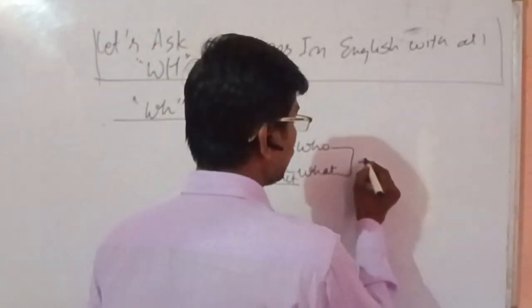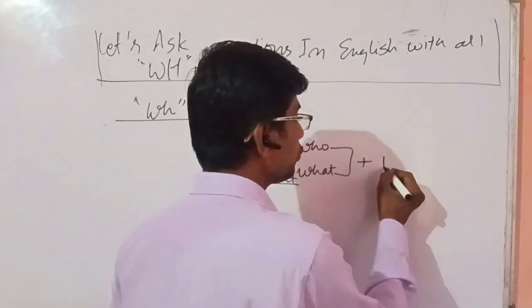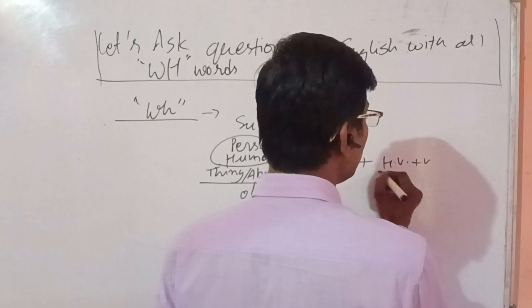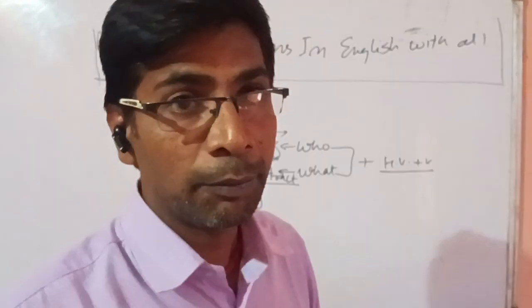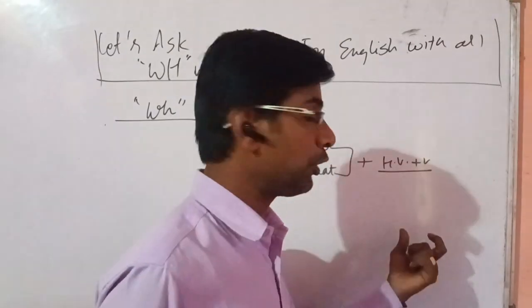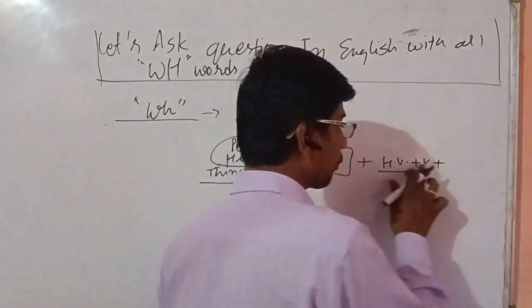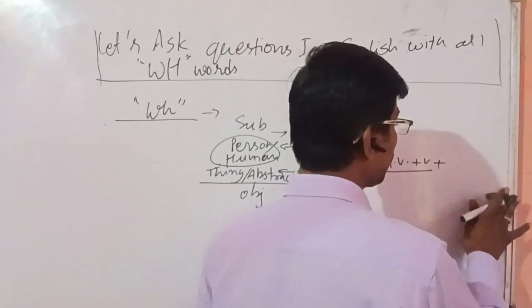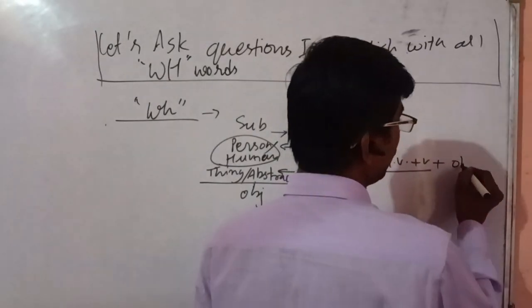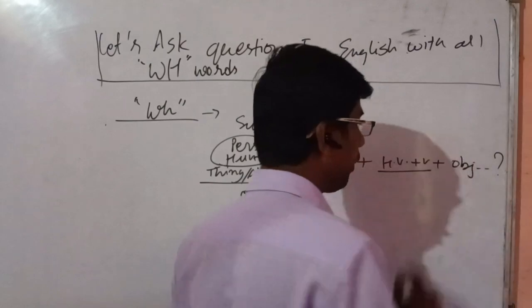After that we use the simple pattern we have used earlier: the helping verb, then the verb used according to the helping verb which I have already taught you, then the object, which is compulsory, then the question mark.